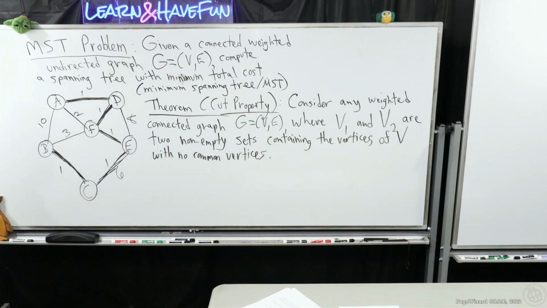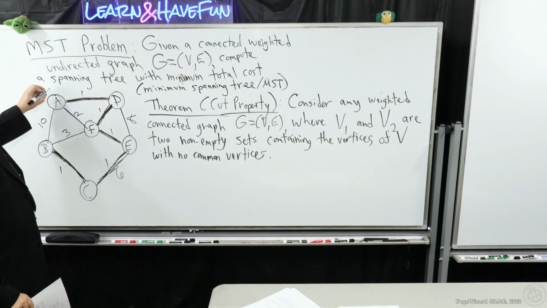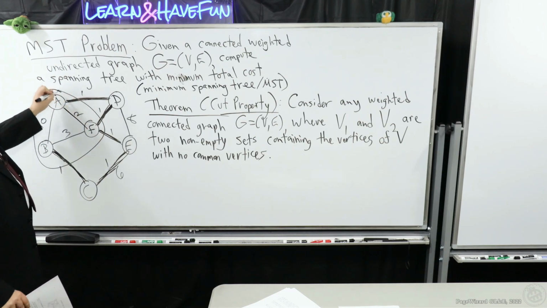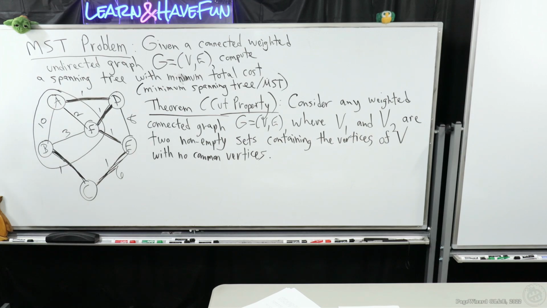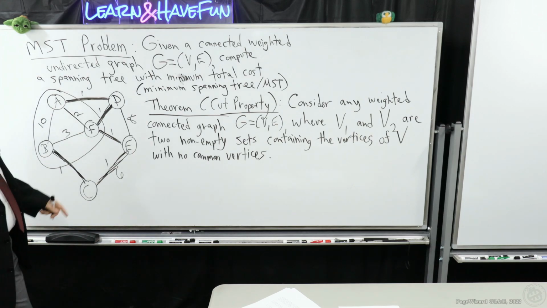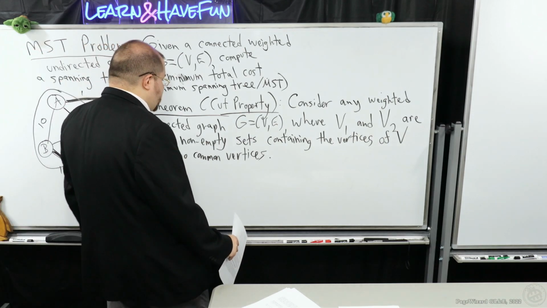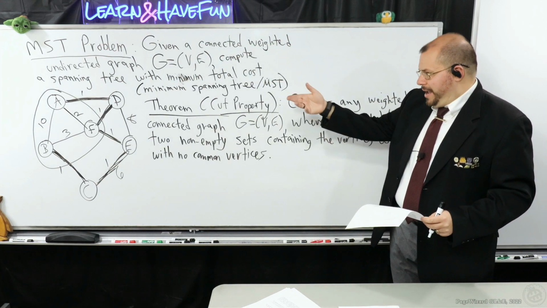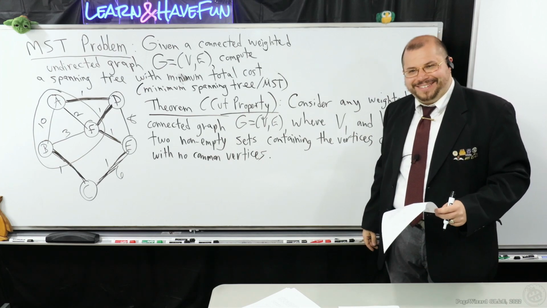So for example, V1 could be these vertices here, A, B, and F, and V2 can consist of D, E, and C. Notice I've included every vertex in one of the two buckets.